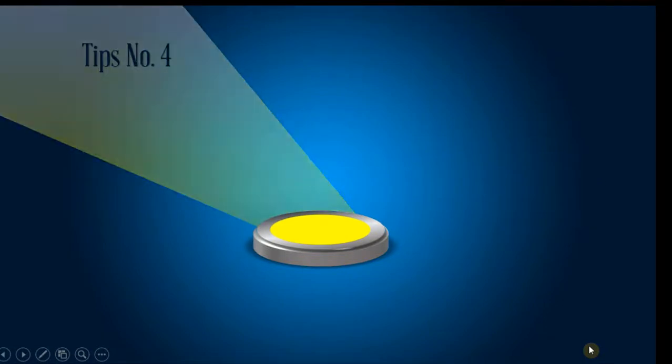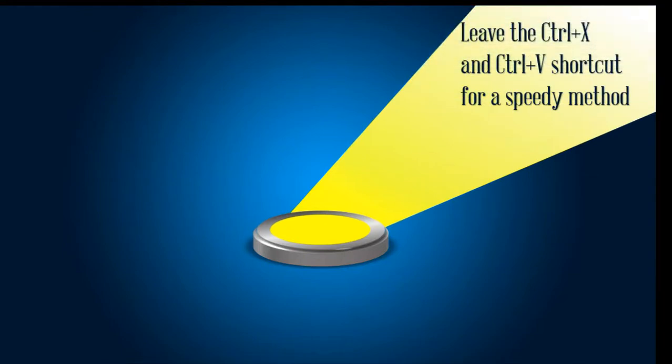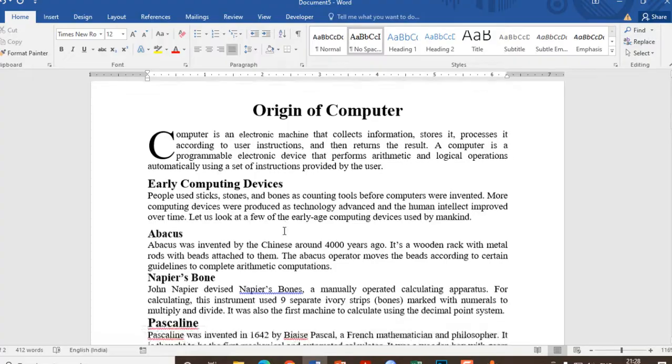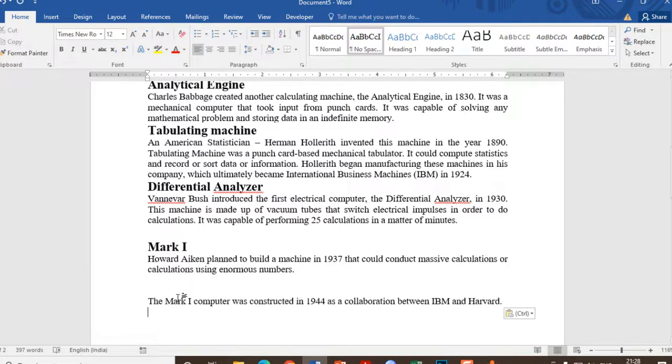Tips number 4. Leave the Ctrl+X and Ctrl+V shortcut for a speedy method. Usually, suppose we want to cut this piece of text, then we select it and press Ctrl+X and place the cursor to a new location and press Ctrl+V.